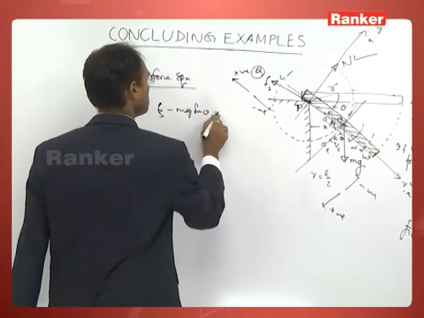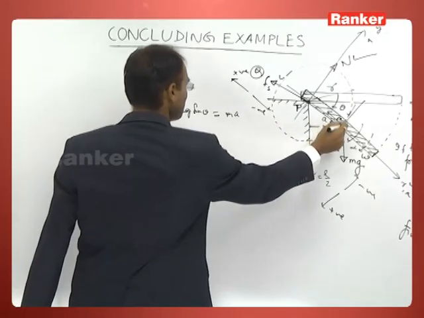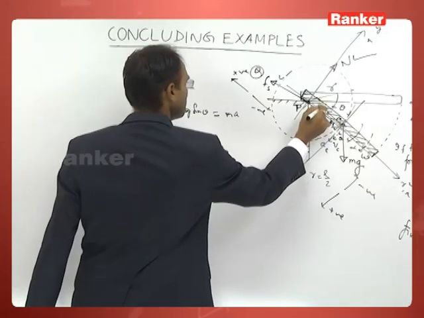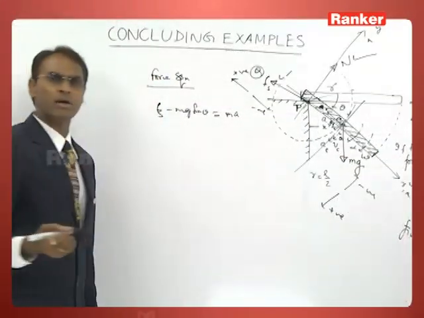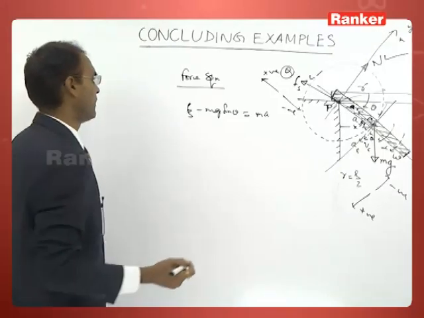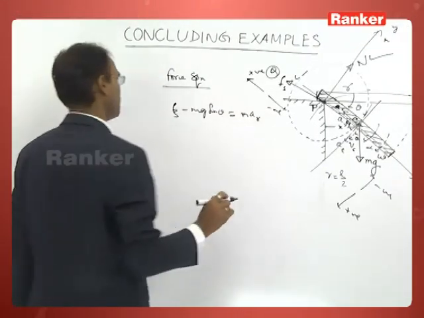Is equal to m into acceleration of the center of mass along radial direction. Since it is moving in a circular path, the center of mass should accelerate towards the center of the circular path with an acceleration that is called radial acceleration or centripetal acceleration.